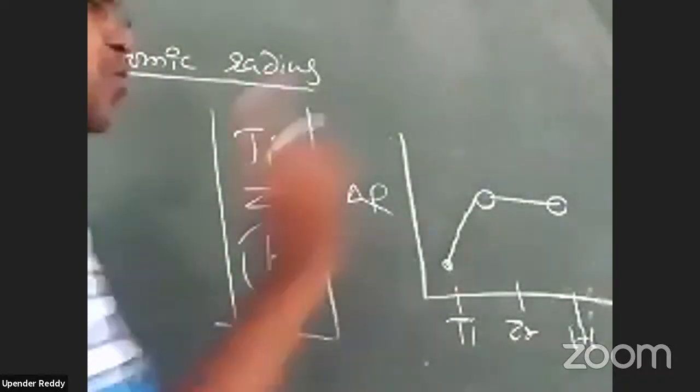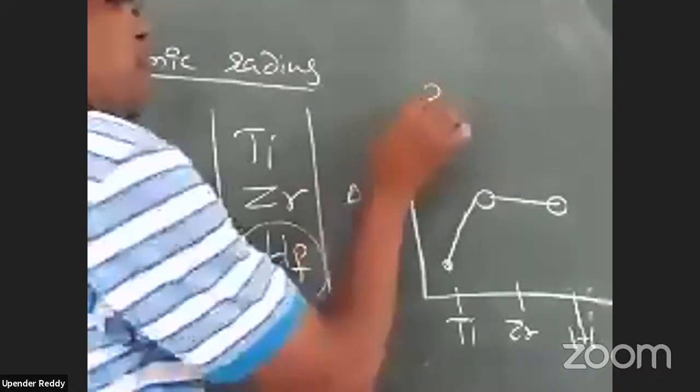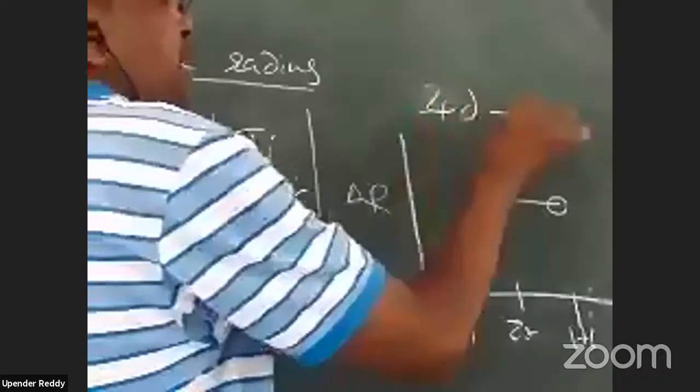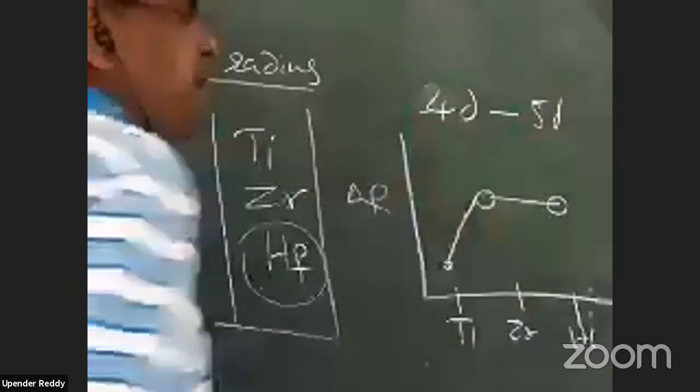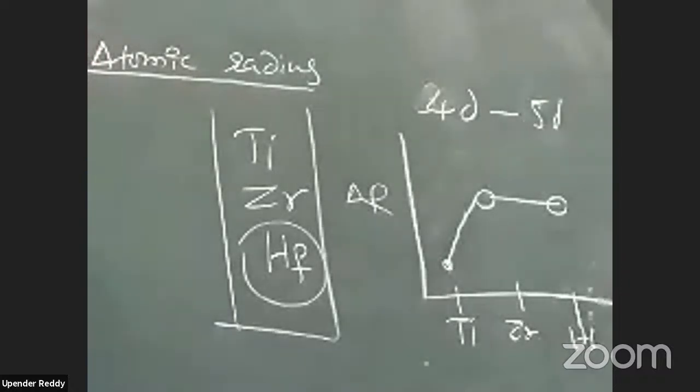Not only zirconium and hafnium, each and every 4d and 5d series element is almost equal in size.